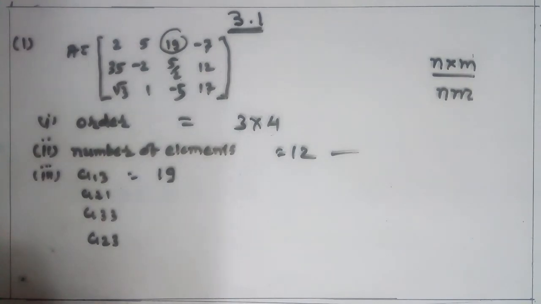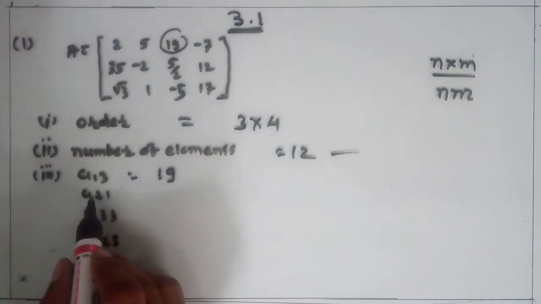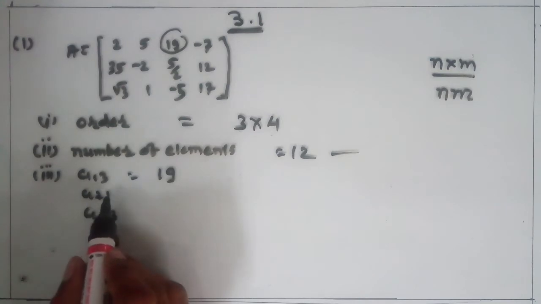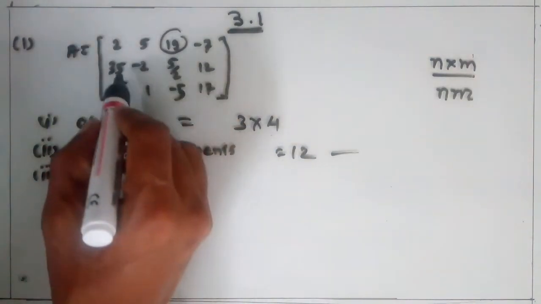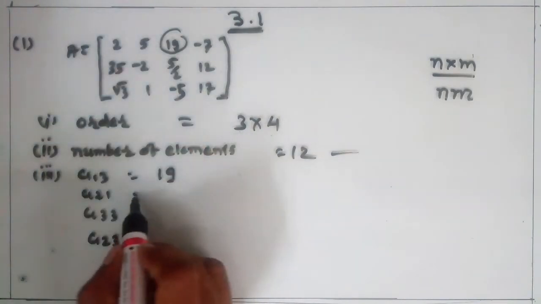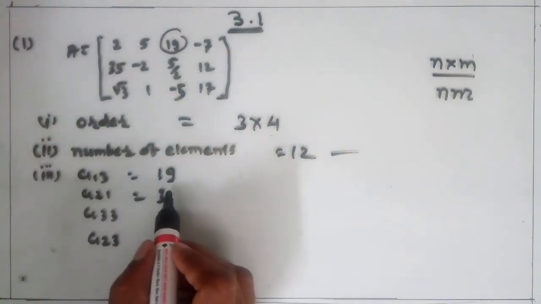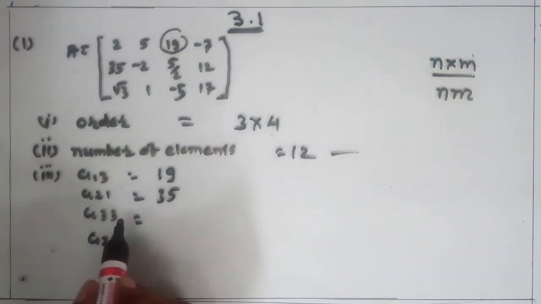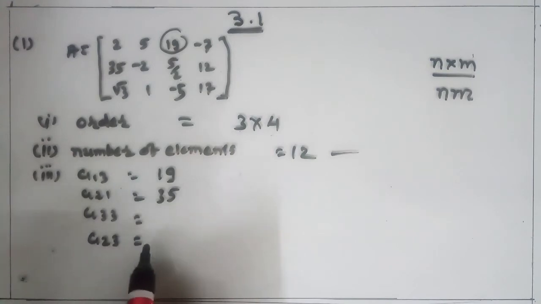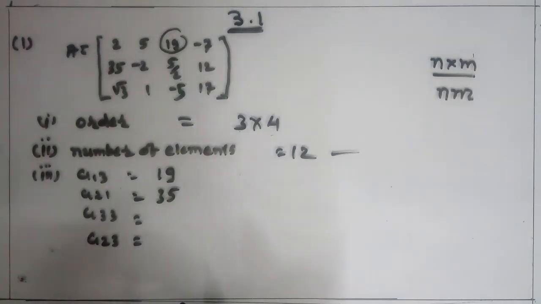Similarly, A21 lies in the second row and the first column. This is the number 35. So A21 is equal to 35. Similarly, what about A33 and A23? Think about this yourself.